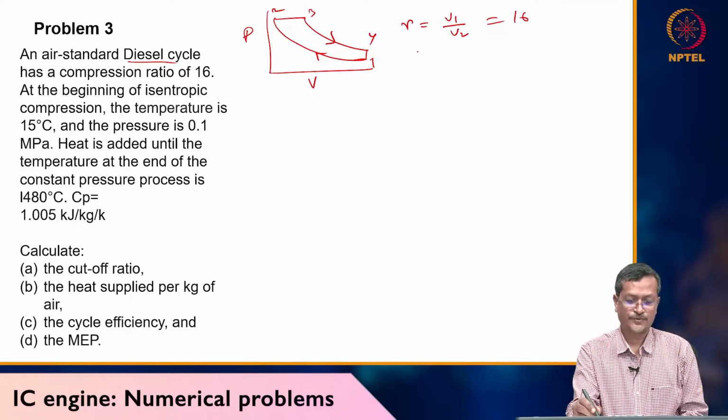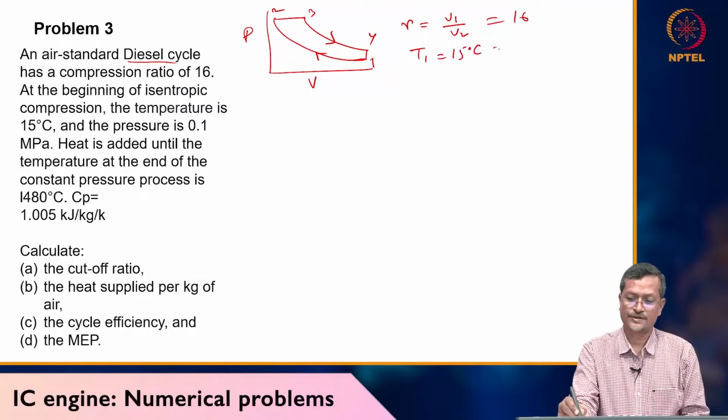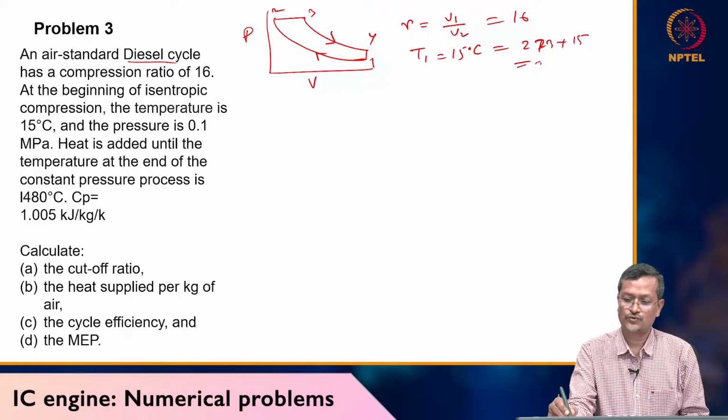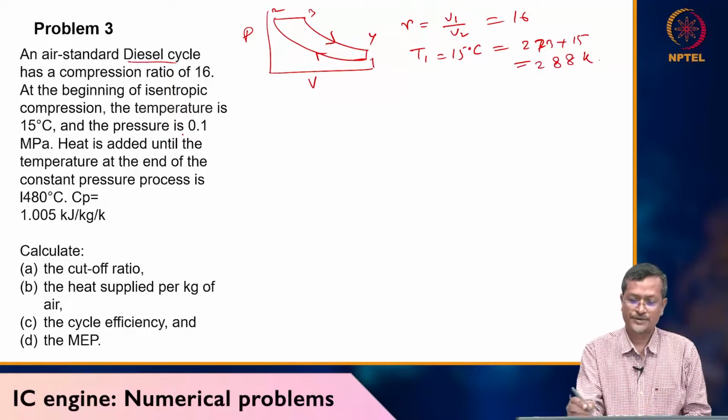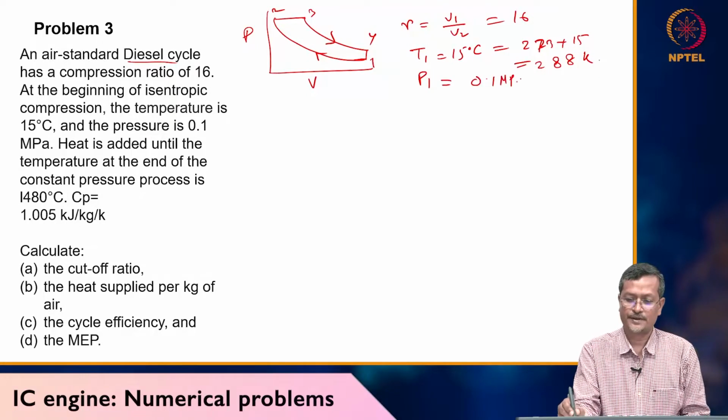At the beginning of isentropic compression, the temperature T1 is 15 degrees centigrade, 273 plus 15 equals 288 K. The pressure is also given, 0.1 MPa equals 100 kilonewton per meter square.